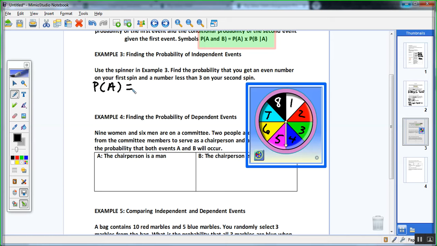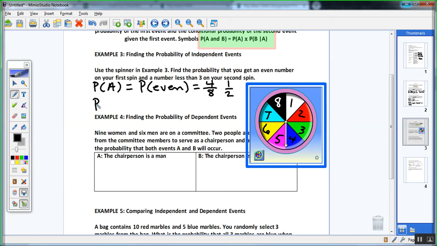Well, how many numbers are even up here? 4 out of 8. So the probability of A is the probability of an even number, and that's going to be equal to 4 out of 8. Or some of you might right off the bat reduce that to 2 out of 4, 1/2, right? So that's the first event.